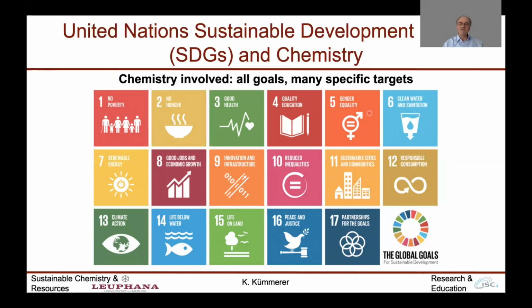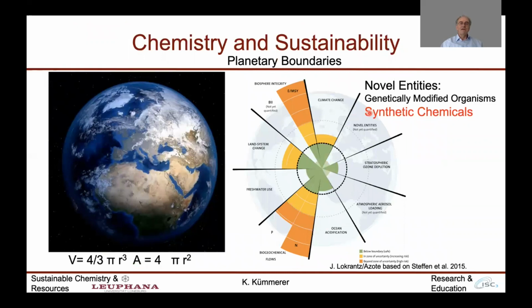So there will be no sustainable development without chemistry, but it has to be a better chemistry, a more sustainable chemistry. A greener chemistry is only a building block and only in case. That's not enough. We have to go for the broader picture. And then we can also meet and cope with the boundaries of our planet.